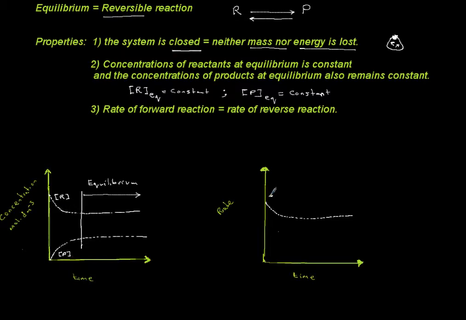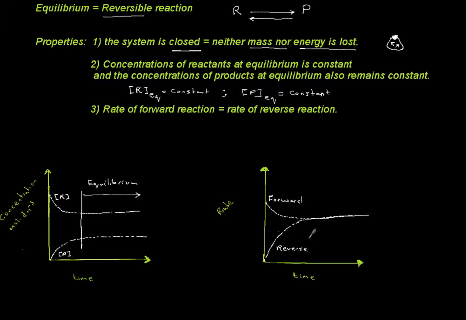So I write this forward reaction. Now let's compare it to the reverse reaction. There was no product, it comes to life, immediately it starts reacting extremely fast, so there is a steep slope, and then gradually they converge on the same line. So this is reverse.